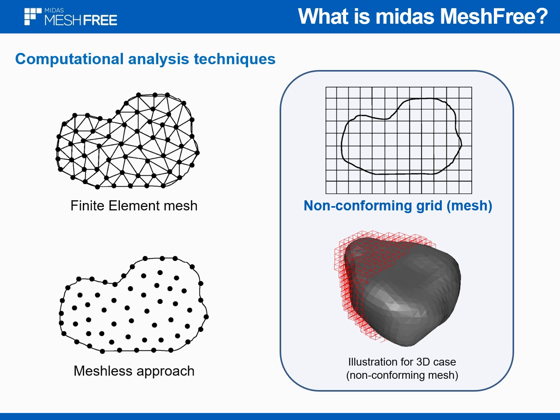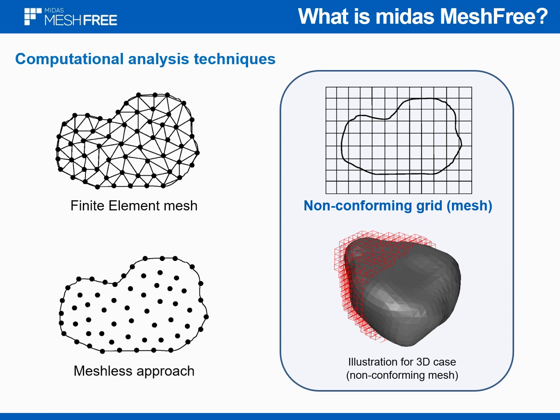As I said, I will not talk about this, and you can find information about them in the literature, but generally they differ in the method of constructing the shape functions for the interpolation of the nodal variables. So that's the major difference.